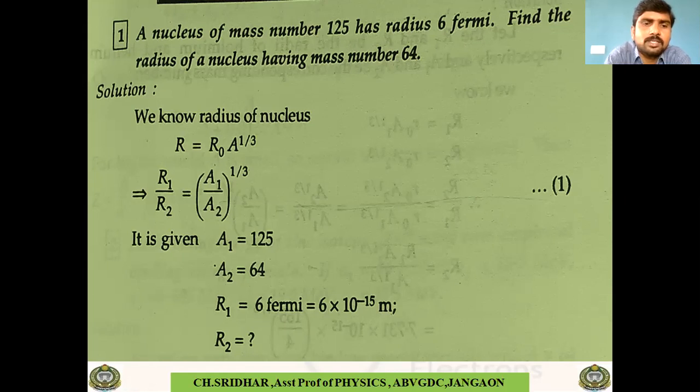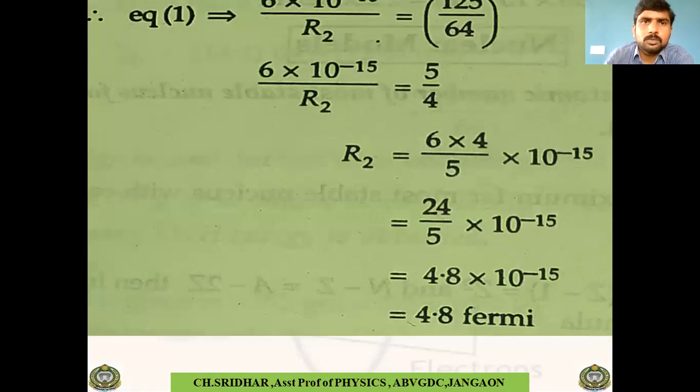It is given that A1 is 125, A2 is 64, and R1 is 6 Fermi; R2 we have to calculate. So R1 by R2 is equal to 125 by 64 to the power of 1 by 3, where R1 is 6 into 10 to the power of minus 15, and the cube root of 125 by 64 is 5 by 4.